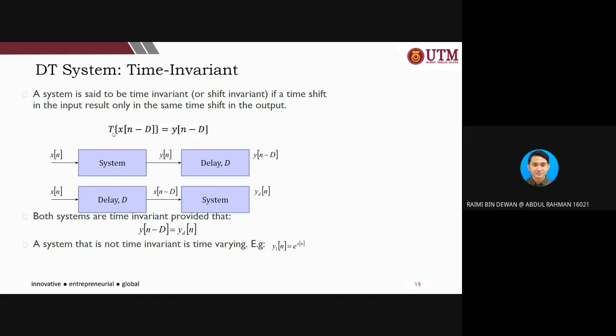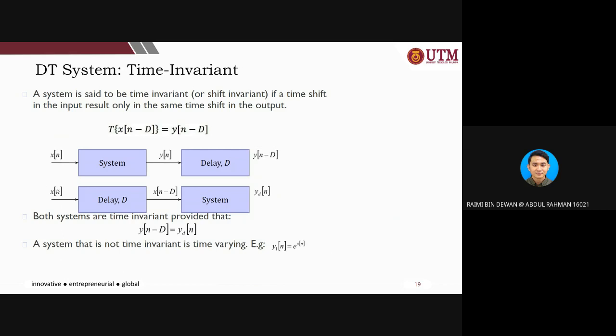This is the symbol of transformation. Consider these two cases. In case one, x[n] undergoes a system to produce your y[n]. Then the y[n] experiences a delay, so y[n minus t].